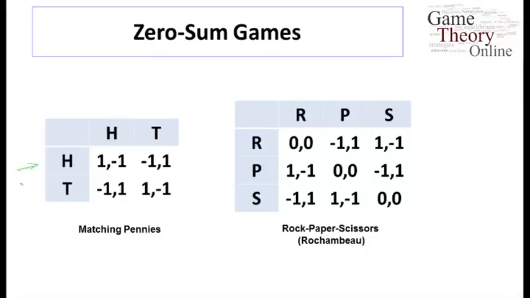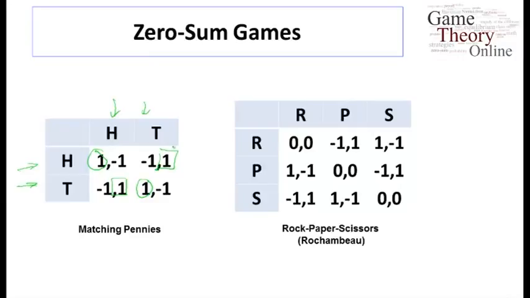The row player is choosing heads or tails, the column player is choosing heads or tails. Row player wins if there's a match in the two players' actions, so either both heads or both tails. But the column player wins if there's a mismatch. So the column player would like them to mismatch, the row player wants to match.